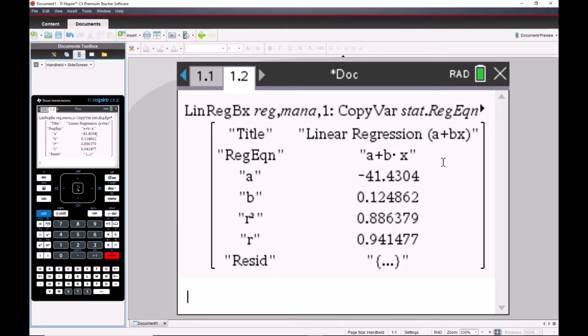All right, so here is the form that we're in. Y hat equals a plus bx. A is your y-intercept, b is your slope. So here is your y-intercept right there, and here's your slope. Here is R, correlation. It's pretty strong, it's above 0.9.